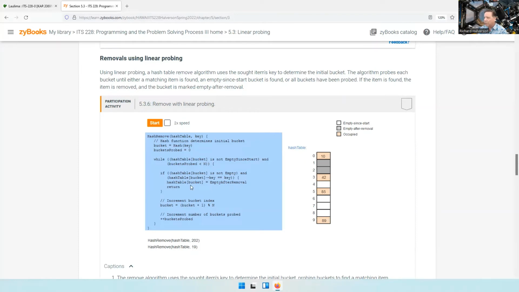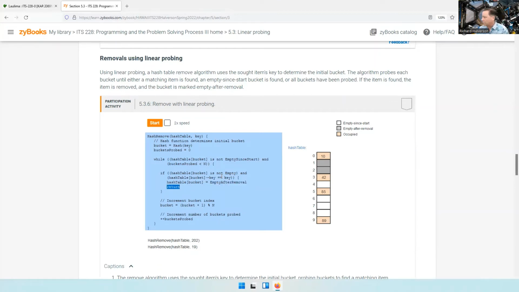So we loop, and if we find it, then we set its state to empty after removal. So it's gone, and we put it in this state, and then we return.